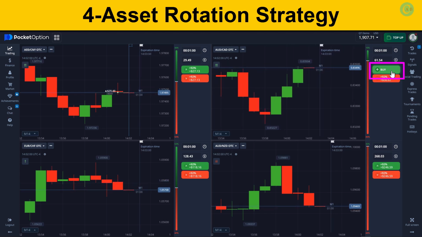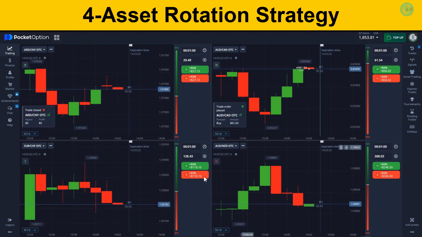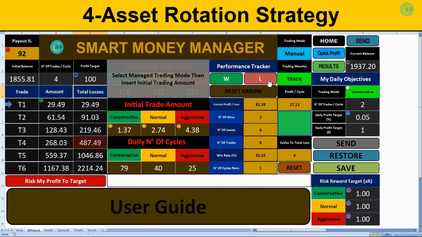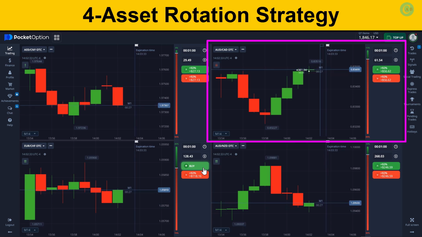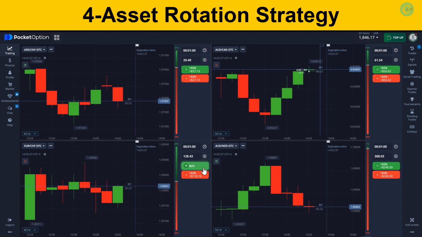Okay, let's go with the second trade and back to my trades manager, and I'm gonna update my results with red L button since I've lost my first trade. Back to trading platform. My eyes on the second chart, I mean the second trade. Hopefully it's gonna close with green color to recover from the losses and hit my final profit target.